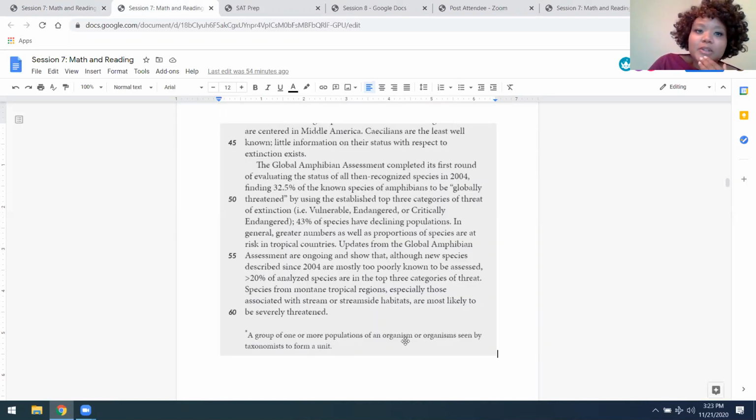So when you say something is globally threatened, I'm going to speed through this because there are some inconsistencies between the answer choices and the questions. And I want to do another passage quickly.